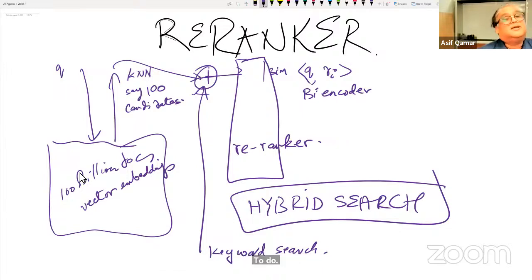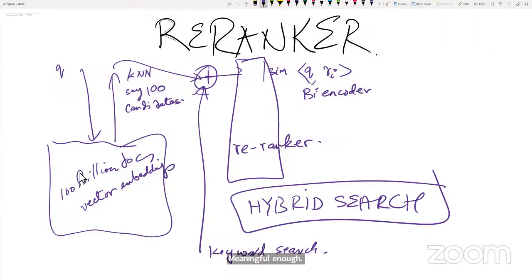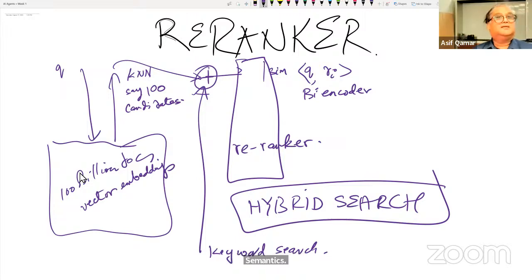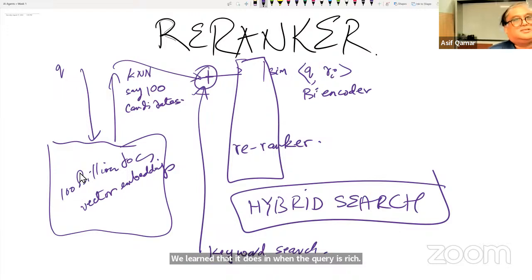And why hybrid search? There are situations in which if the query is not semantically meaningful enough, keyword search will beat semantic search. So to recap, we learned about semantic search today. We learned that when the query is rich semantically, it tends to beat keyword search.